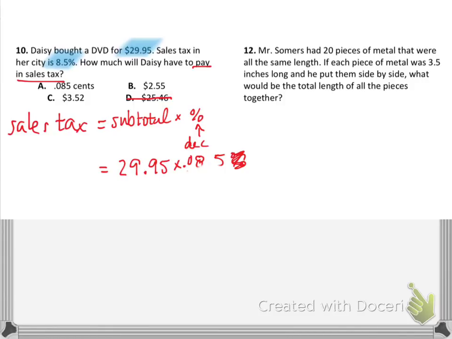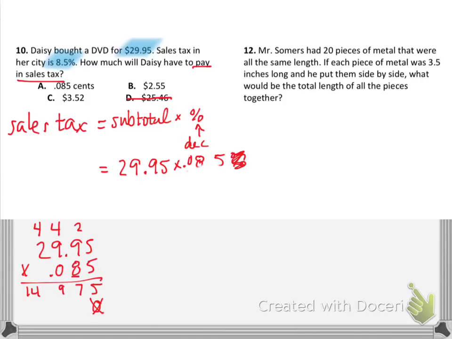So I'm going to do my work down here. 29.95 times, and remember we don't have to line up our decimal on multiplication, 0.085. So 5 times 5 is 25. The main thing we don't want to forget when we're multiplying decimals is this placeholder when we move down to our next.